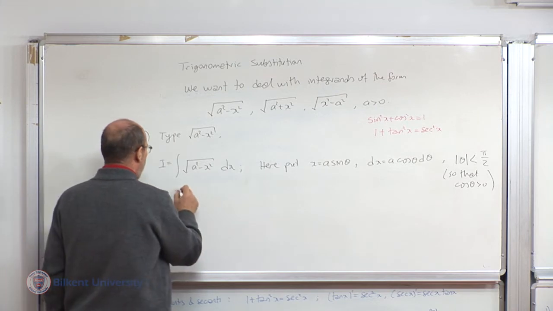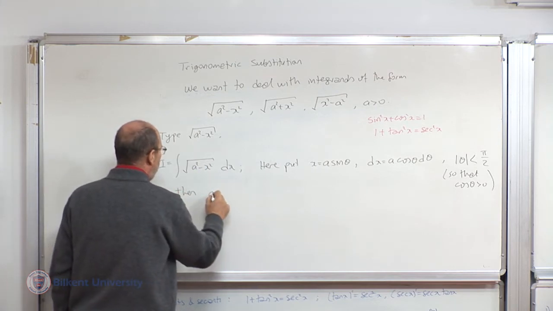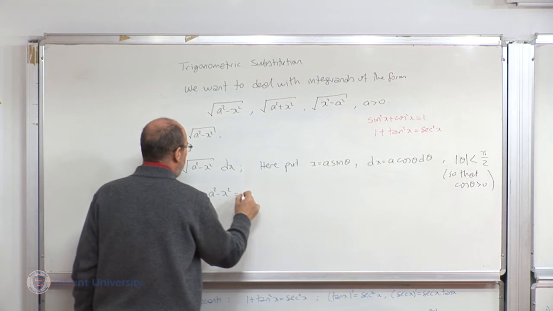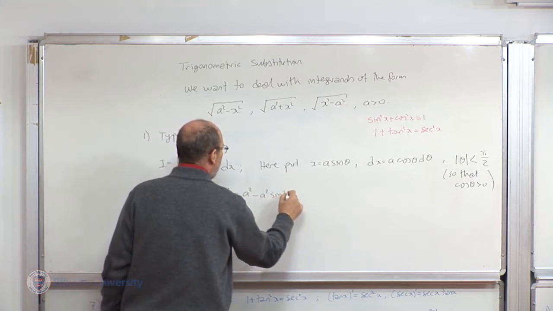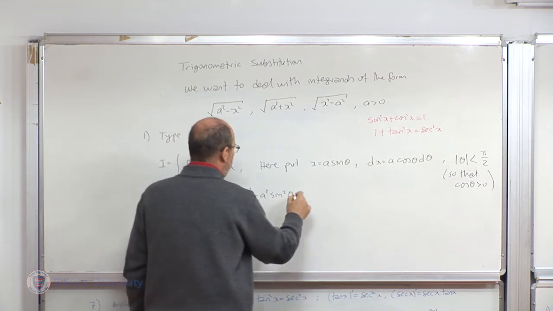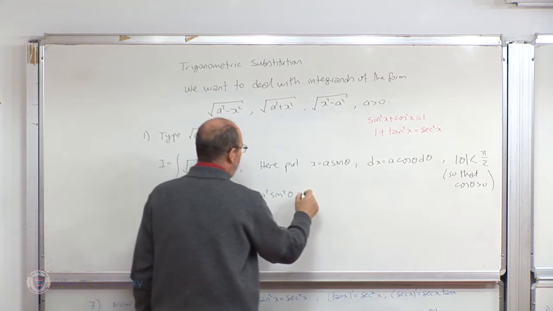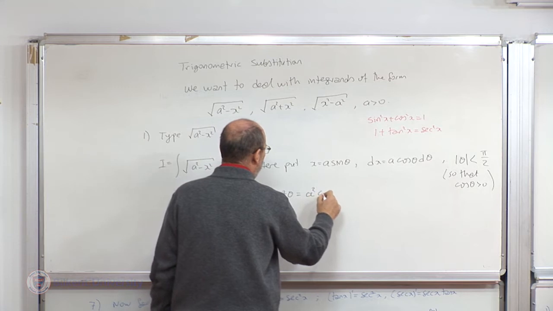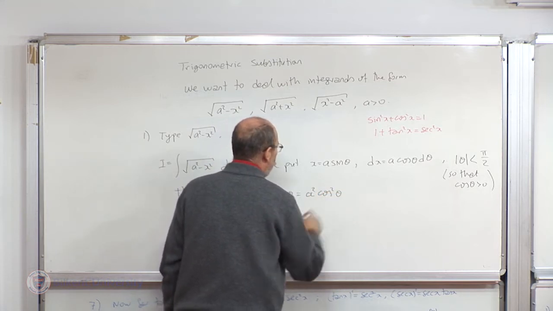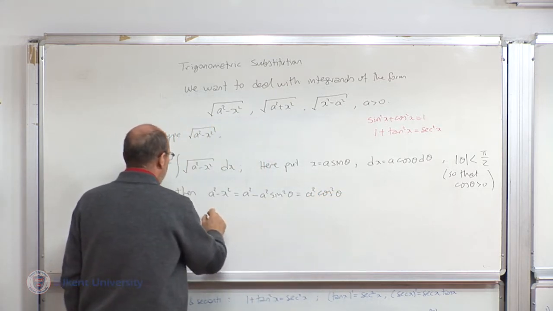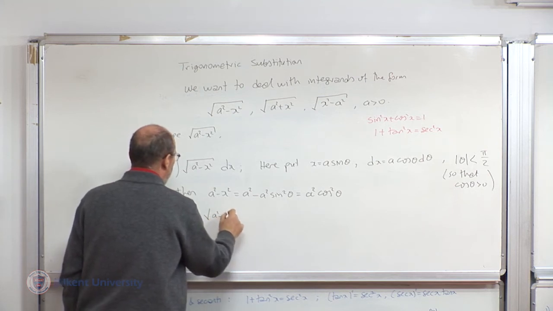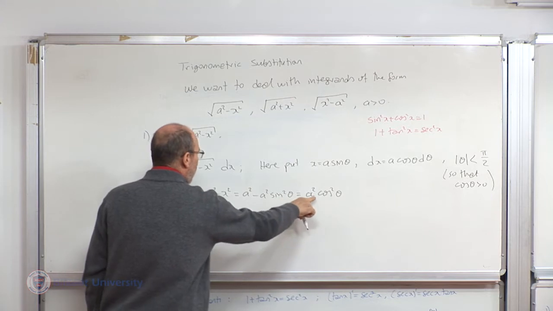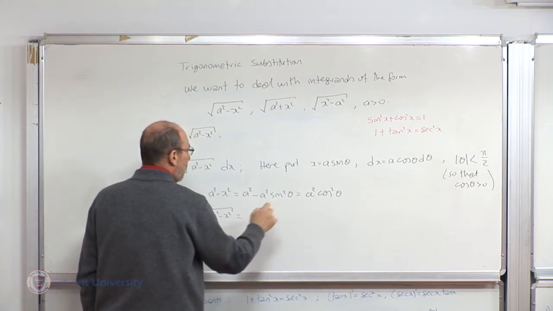Okay, then we look at a square minus x square. This is equal to a square minus a square sine square theta. So this is 1 minus sine square is cosine square, so this is a square cosine square theta. Okay, and I want to take the square root of this, a square minus x square. Then it becomes the square root of this.